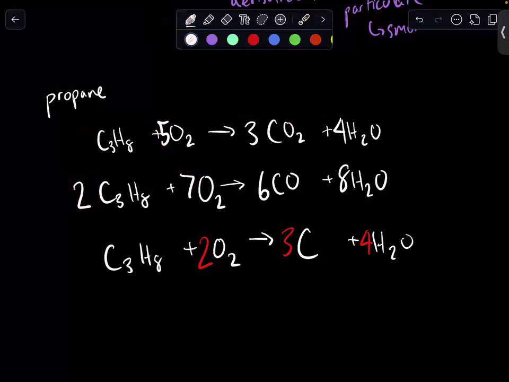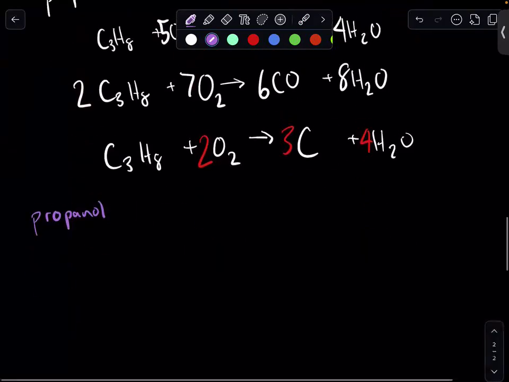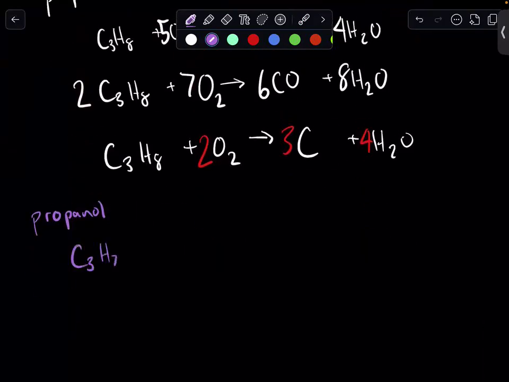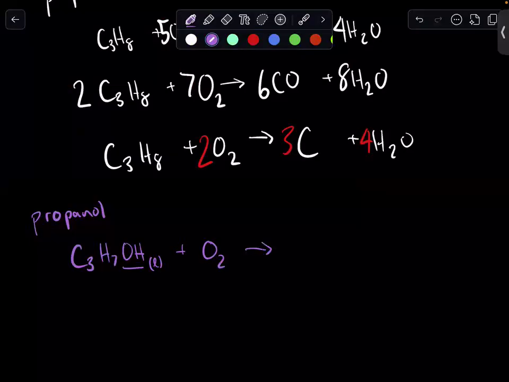One final example is that we can also do this with alcohols, which are still hydrocarbons, propanol, which is the same thing. It's just C3H7OH. That OH right there is the alcohol. This could be isopropyl alcohol, for instance, plus O2, reacts to form, and we'll do very incomplete combustion, carbon solid plus H2O.